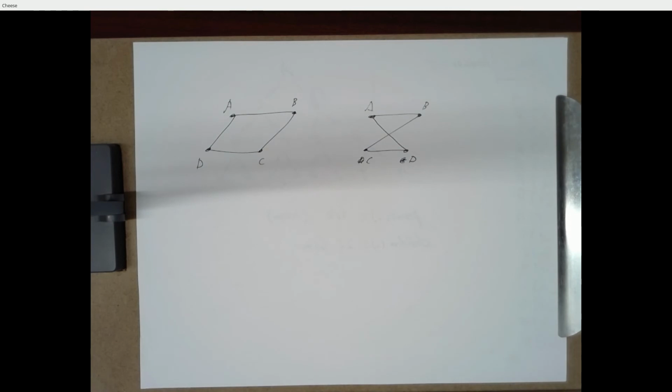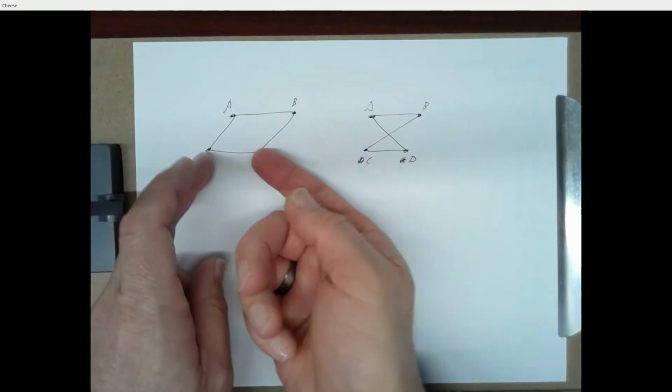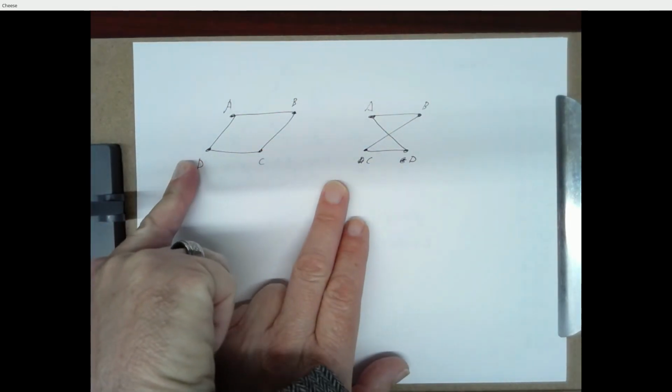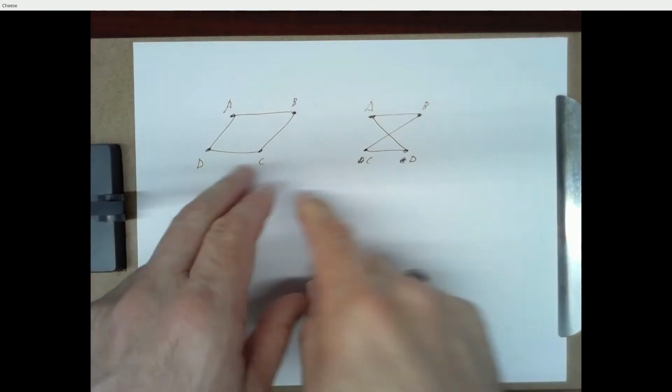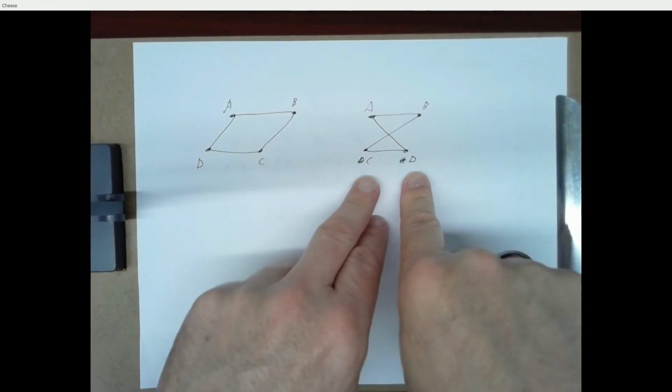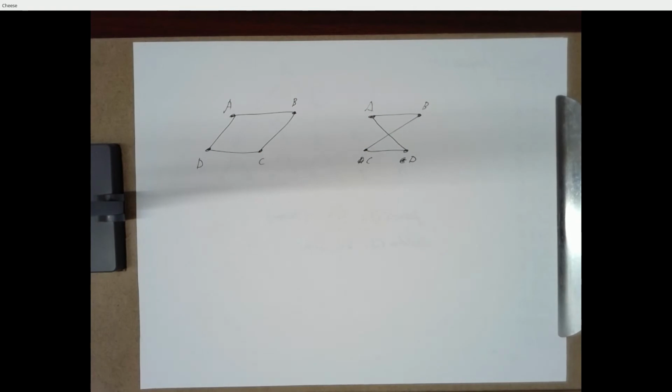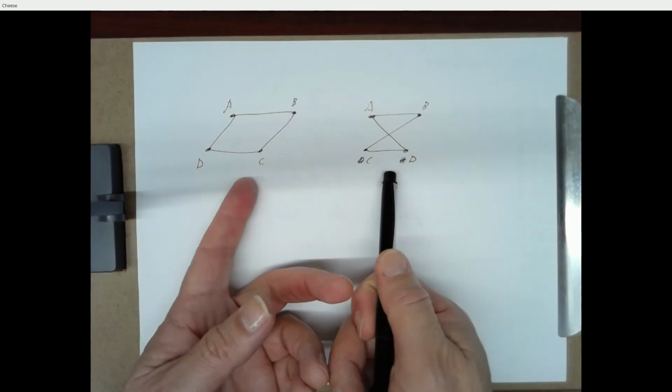If you could lift this off the page, you could just move these 2 vertices in each other's place and put it back down on paper and you get this thing. So looking at it, it's potentially deceptive. It's not clear that this is the same thing, but we'd like a way to be able to say that, yes, these are the same or they're different.